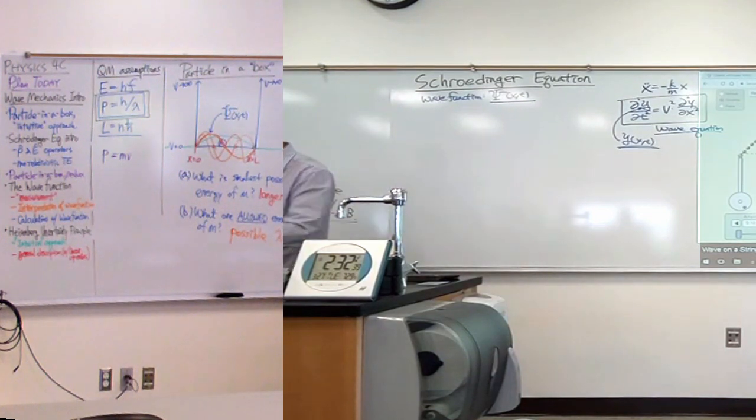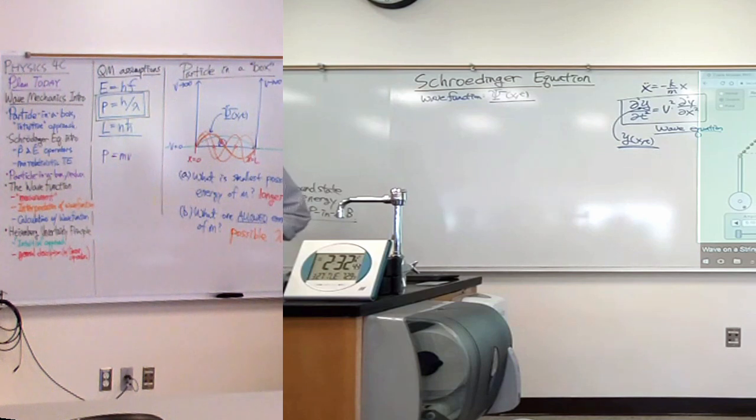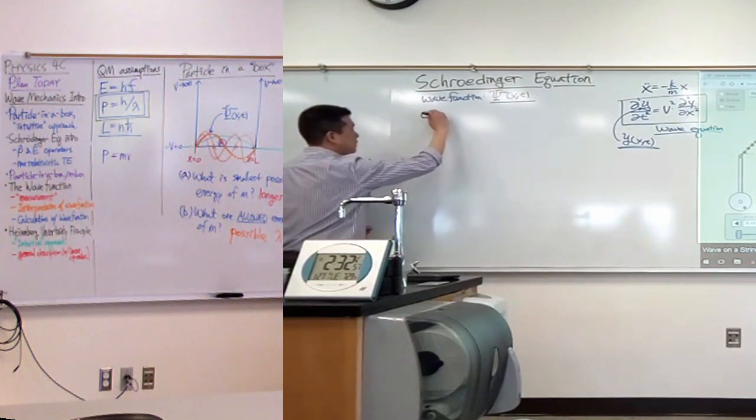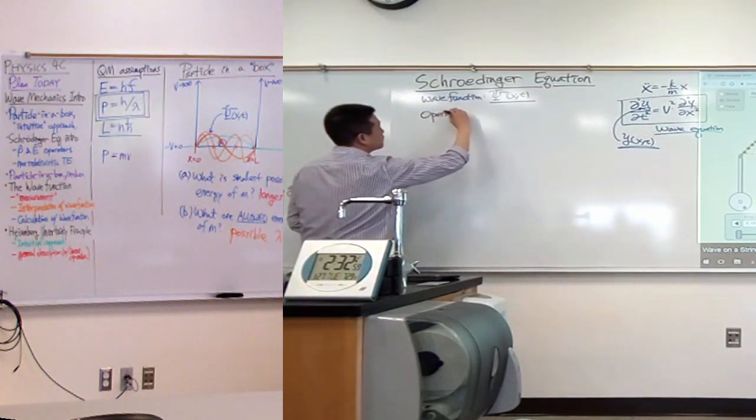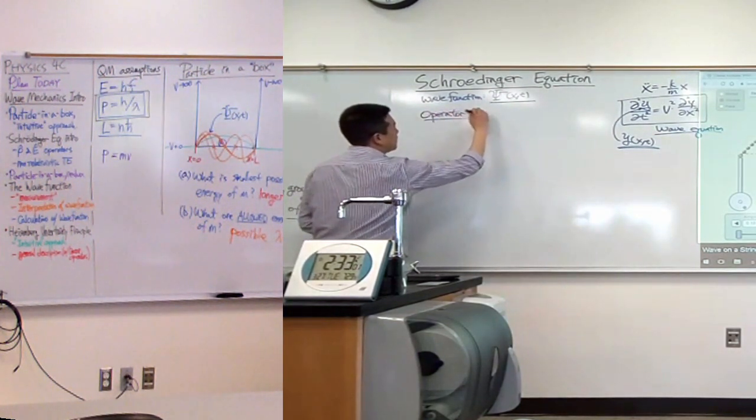So this is where last time I simply guessed at these operators. So let me just write down the operators and I'll kind of explain how they are reasonable. These two are the operators for momentum and energy.